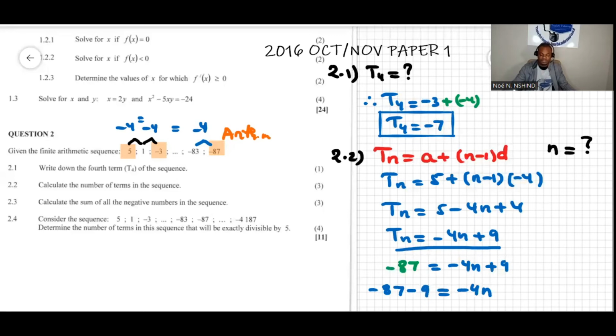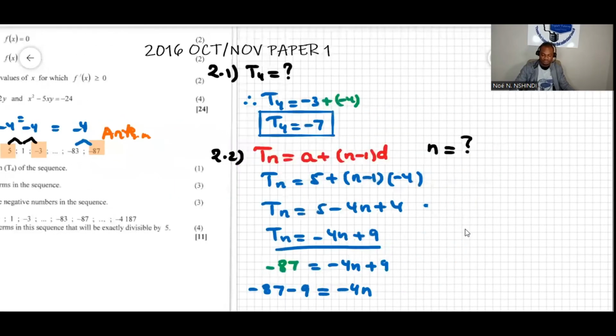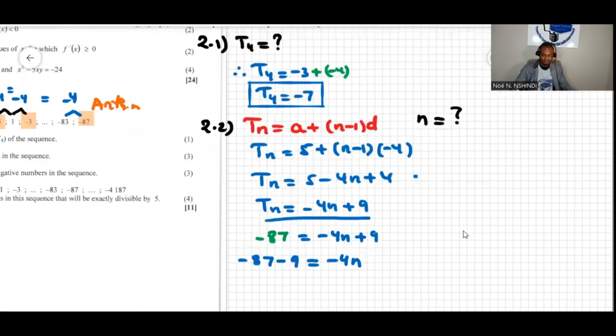That makes -96 equal to -4n, and then we divide both sides by -4.